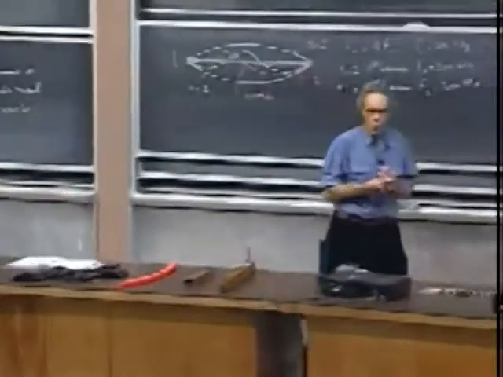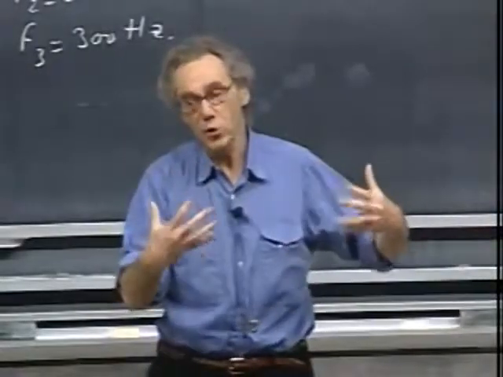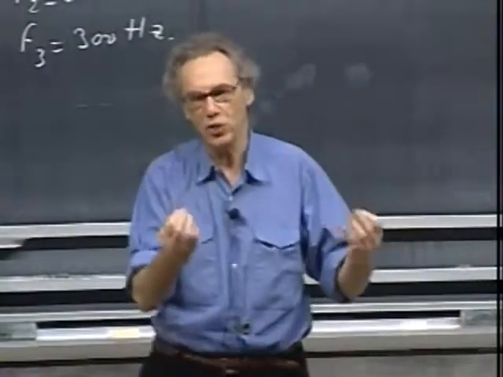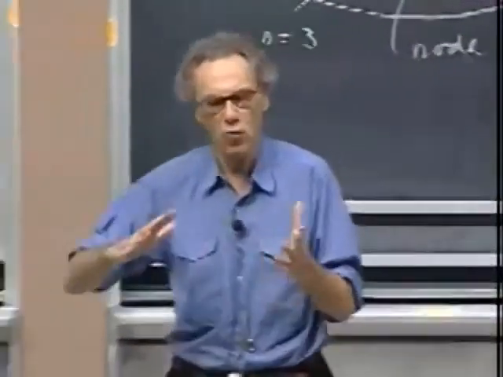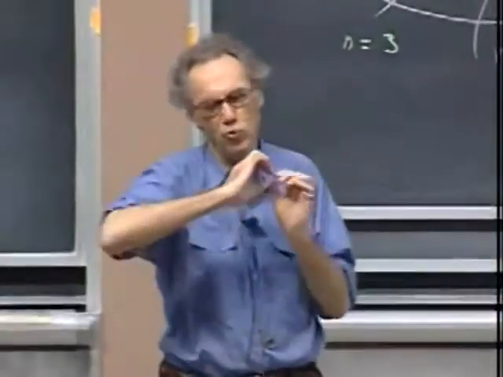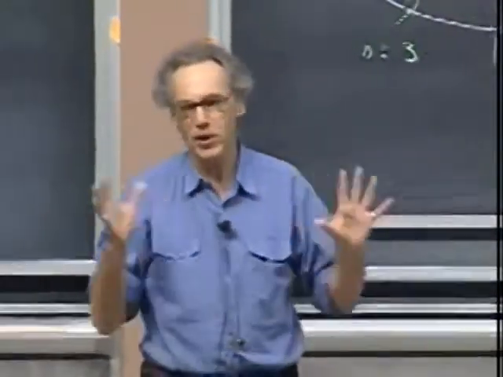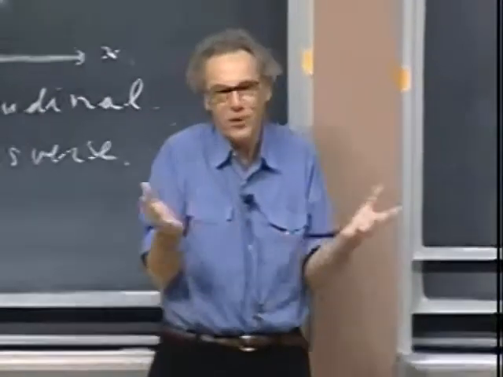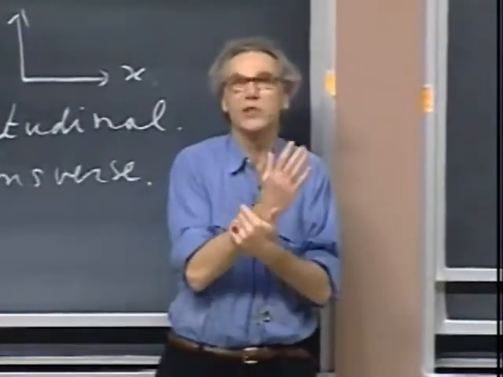But if you take a bow and you rub the string with a bow, then in a way what you're doing is you're exposing that string to a lot of possible frequencies, not just one, but it's a rubbing action. I could also rub it with my finger, or I could pluck it, or I could kick it. And what it does is, it ignores all the frequencies which are not at resonance, but it picks out the ones which are at resonance.